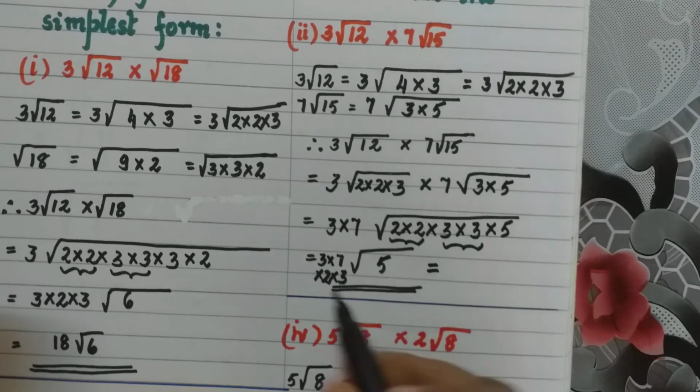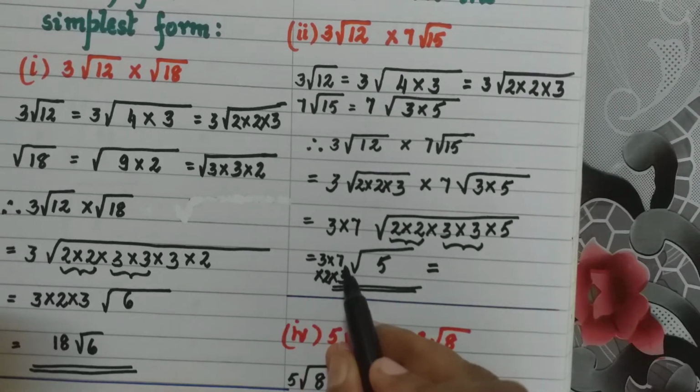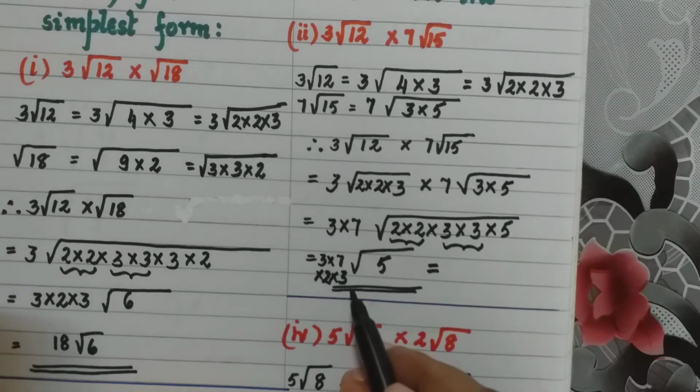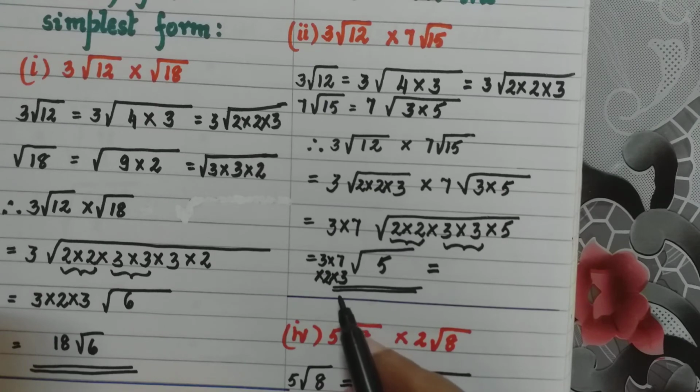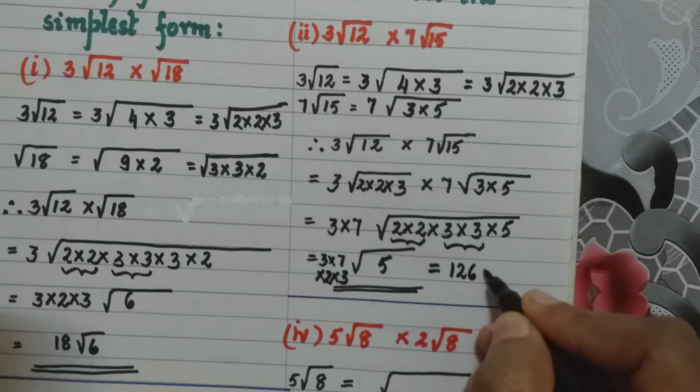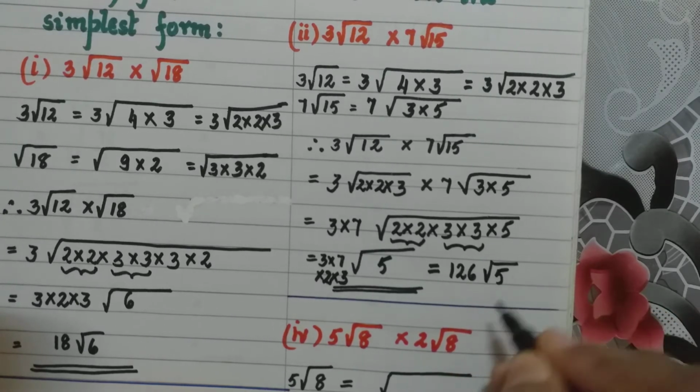So this will be 3 into 7, 21. 21 into 2 is 42, and 42 into 3: 40 into 3 is 120, and 2 into 3 is 6. So this becomes 126 square root 5.